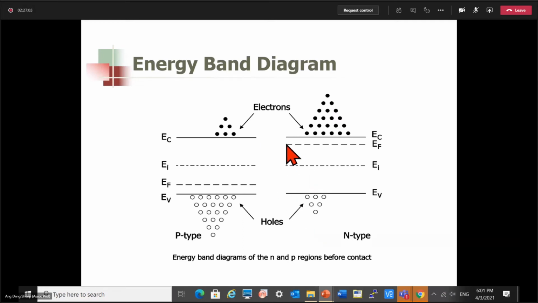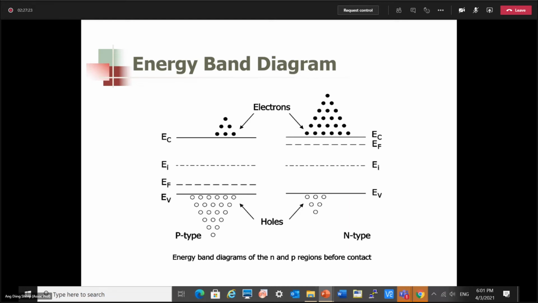So the built-in potential, QVBI, can also be calculated by equating it to the initial difference in the two Fermi levels. Okay, now in part 1, you have already learned how to calculate the position of the Fermi level in the band diagram. And I think now you know why that is important.